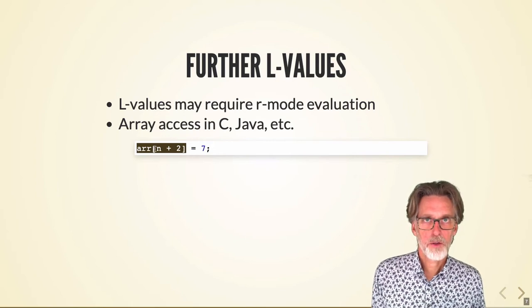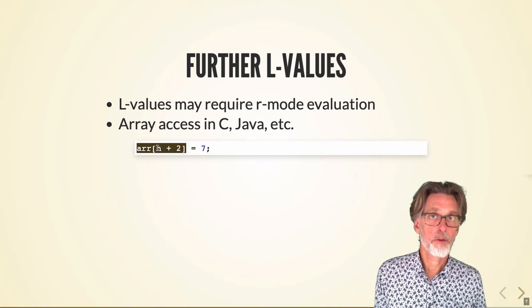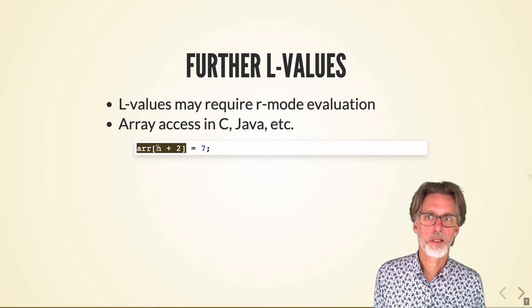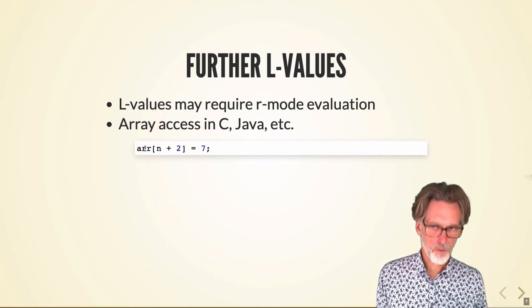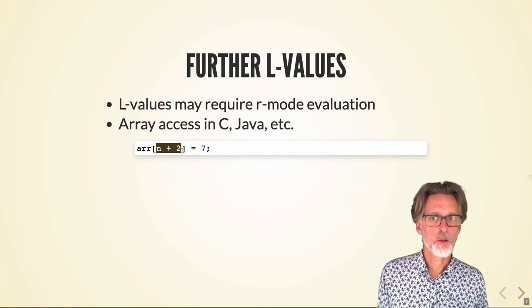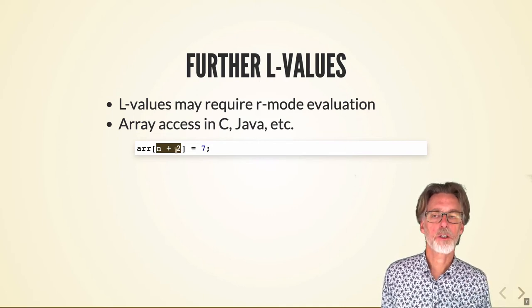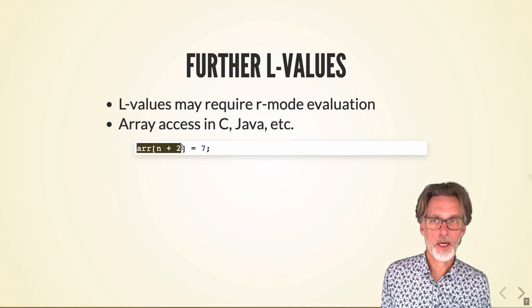In other words, in order to determine the assignable location, I might need to evaluate some value expressions. An obvious example is an array where I have the value expression n plus 2. I need to figure out what n plus 2 is in order to know which location to assign in memory.